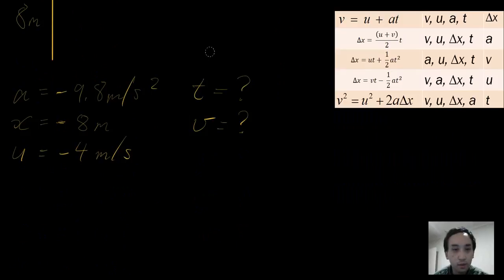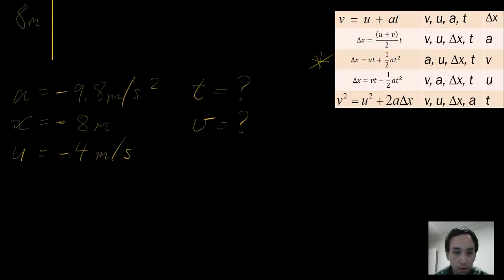So first of all, let's find out something that correlates t, a, x, and u. So over here, let's have a look. Looks like this one over here can be used. So it has x, u, t, and a. So when we combine all of these together, let's see what we get.